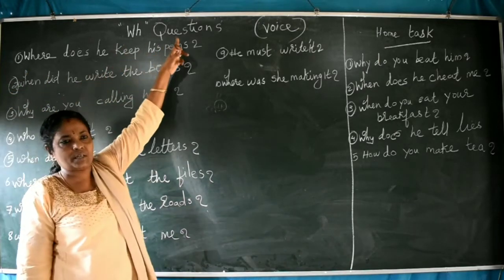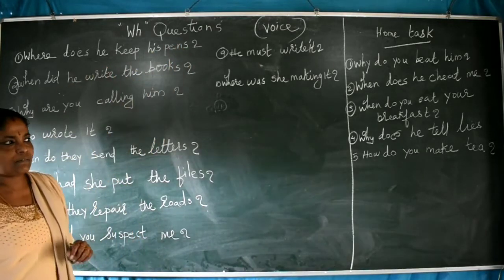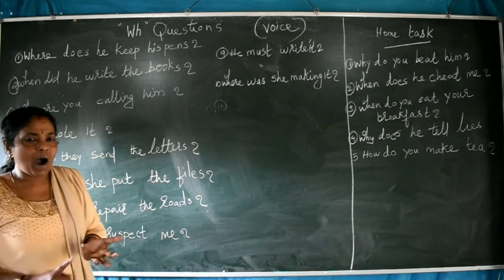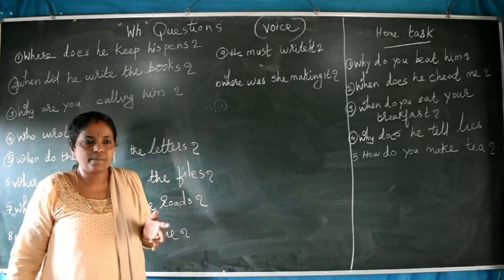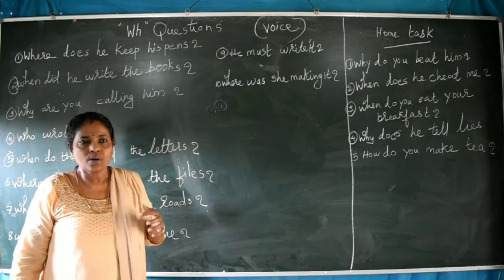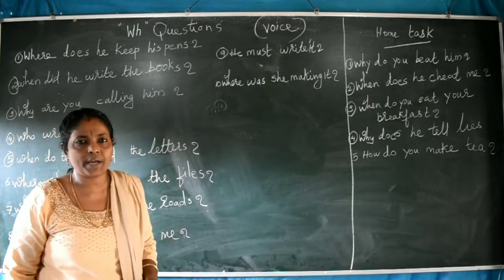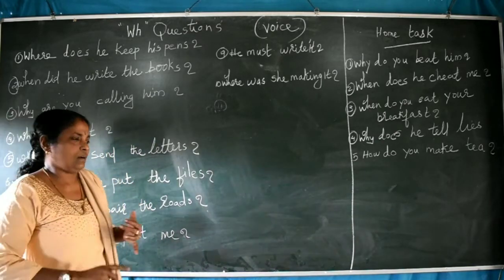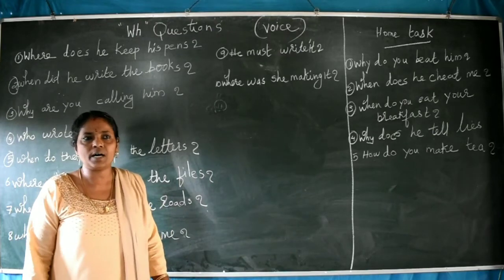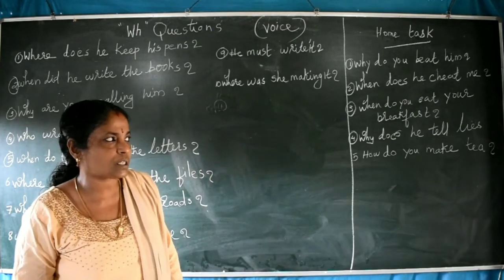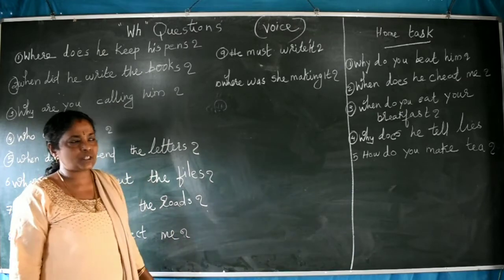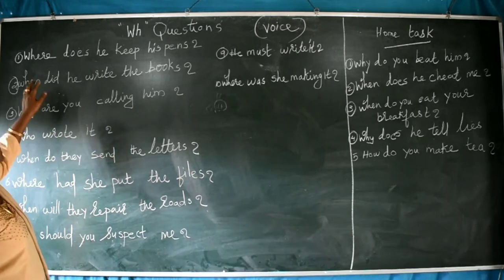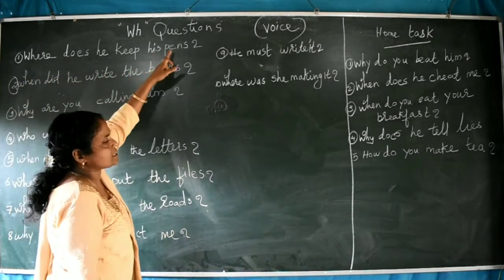WH questions means questions started with the letters WH: what, which, where, when, how, why, whose, all these are WH questions. Questions are of two kinds. One is questions starting with an auxiliary verb, and the other is questions starting with WH question words. So first of all, where does he keep his pens?